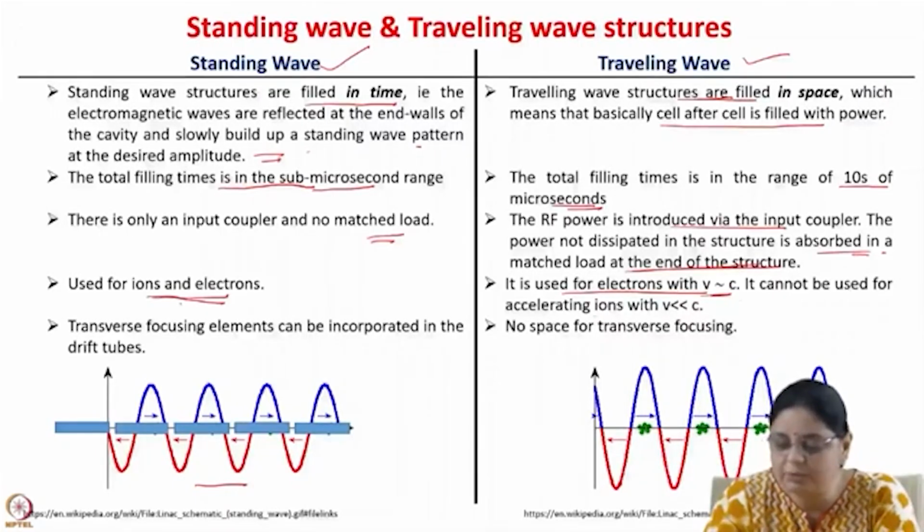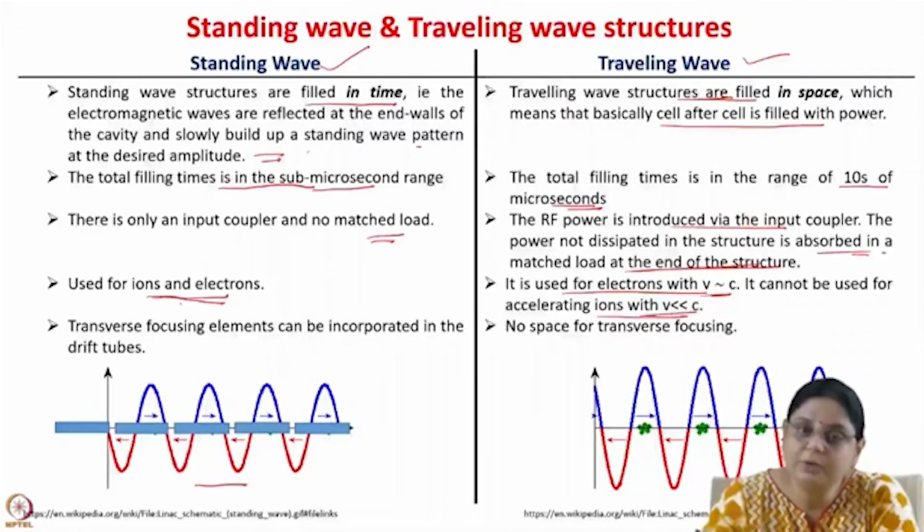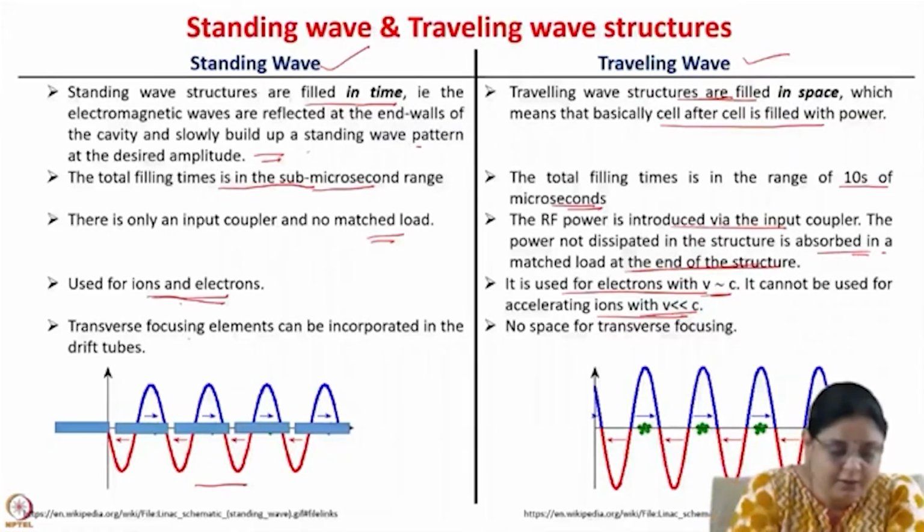It cannot be used for accelerating ions because then you would have to increase the value of n or the loading to a very high number to reduce the phase velocity to the velocity of low energy electrons or ions.